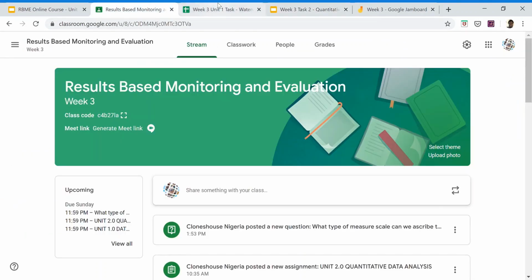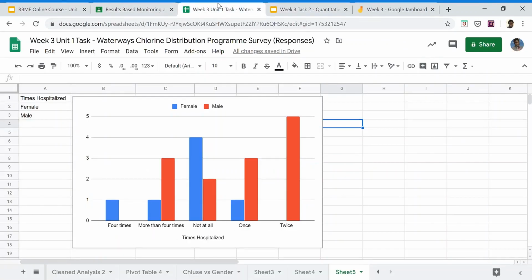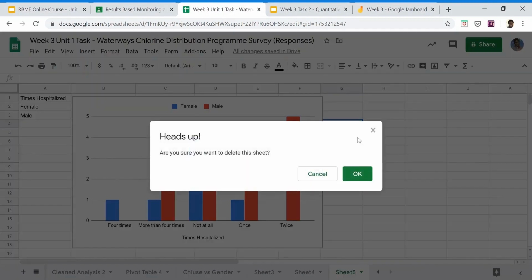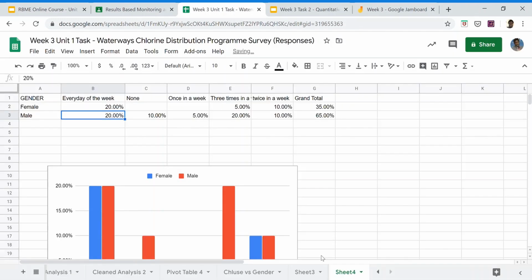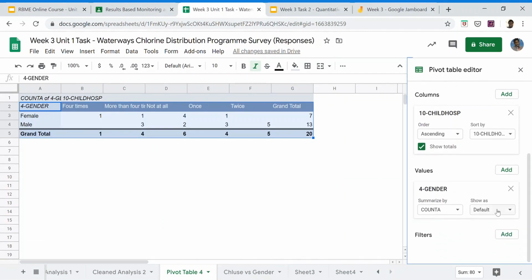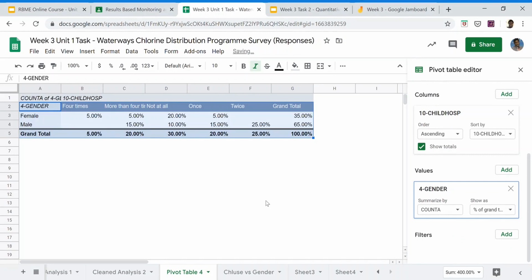Don't forget we had a discussion on thinking about why we wouldn't actually use percentages. I'm going to delete this sheet anyways. Okay, then go back to the PV table and show us percentages, right, of the grand total.